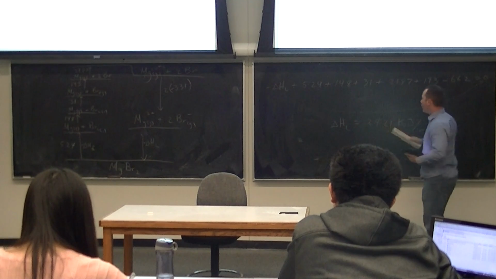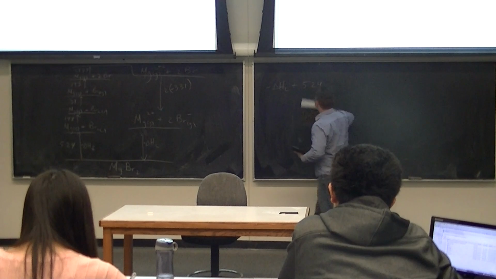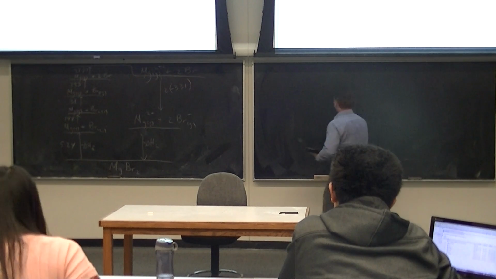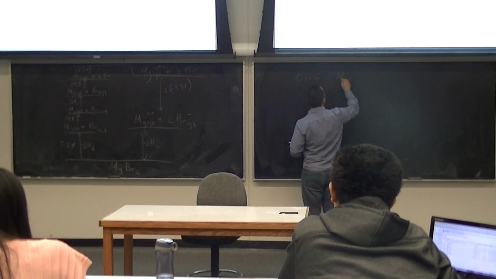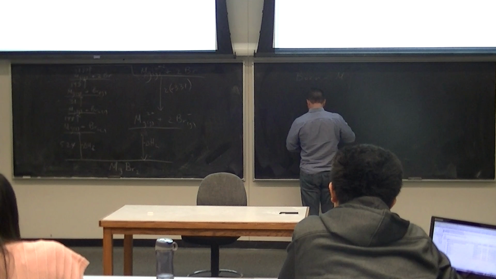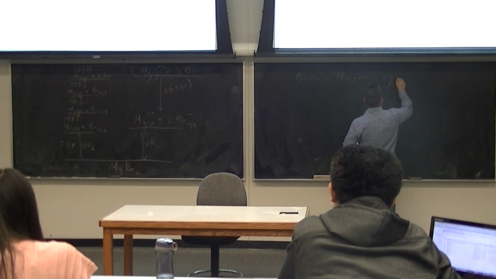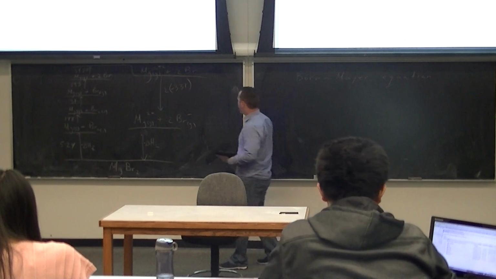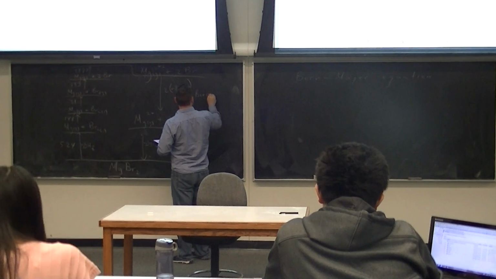This is what we call the Born-Haber cycle, and you can calculate lattice enthalpy by using what we call the Born-Haber equation. And if I didn't write it before, this is what we call the Born-Haber cycle.